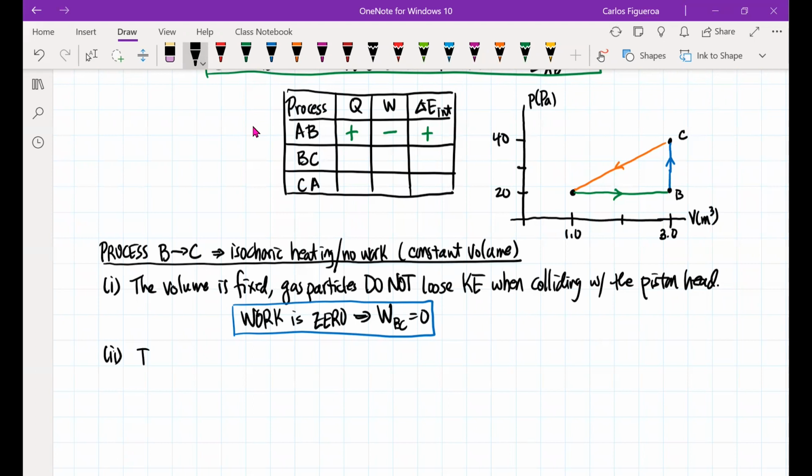To increase pressure, and what I mean by that, you can see here, is that the pressure at C must be greater than the pressure at B. Since no work is done, heat energy must be added.